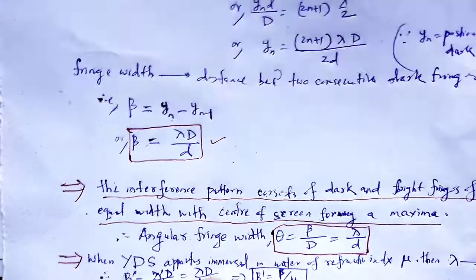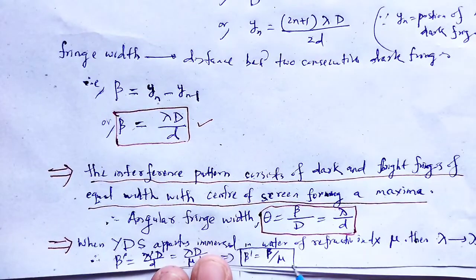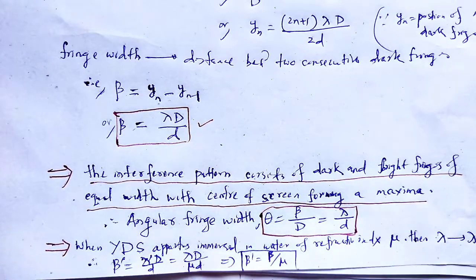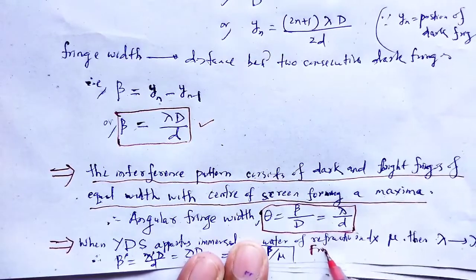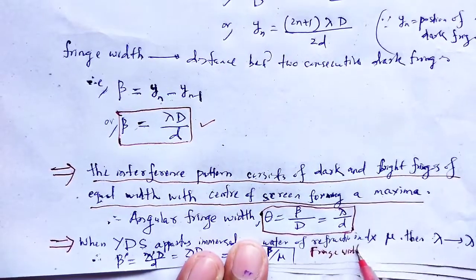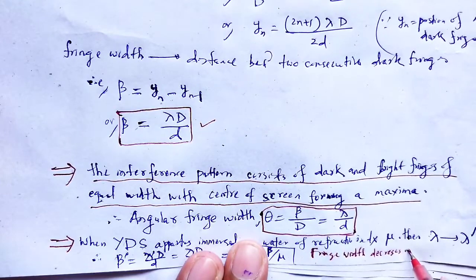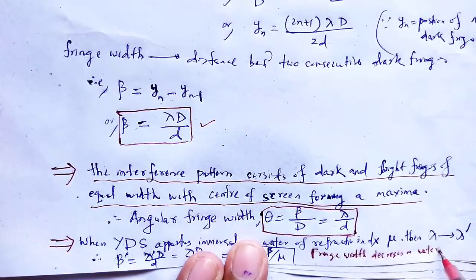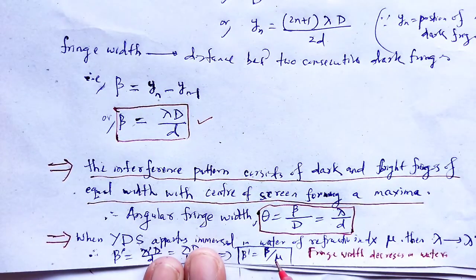So the fringe width decreases in water and becomes 1 by mu times its value in air.